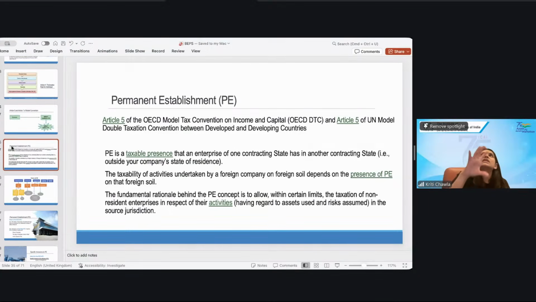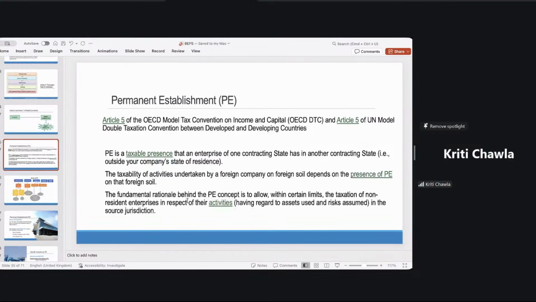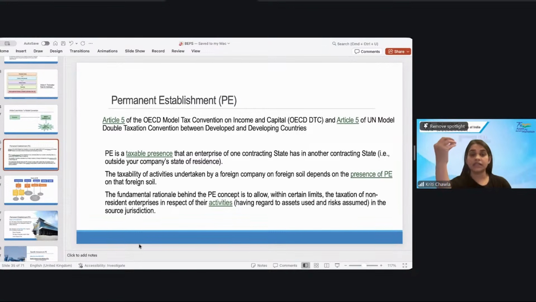Well, the source state can tax those activities only to the extent that it becomes a permanent establishment. If it becomes a permanent establishment, then their activities are going to be taxable in the source state also. So this is the reason we need to find out, the first thing, if there is a permanent establishment or not.